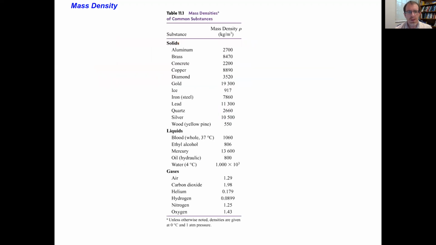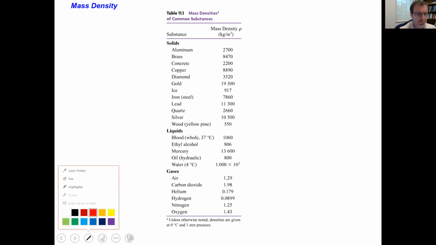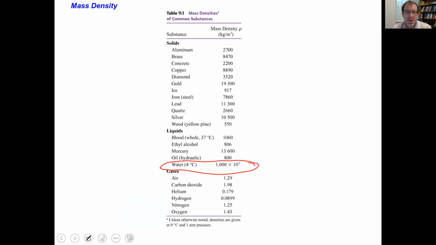Okay. So here's a table of densities. I don't want you to remember all these or anything like that, but I do want to highlight one specifically, and that's water right there. Water is 1,000 kilograms per meter cubed. That's its density. You might right away notice something a little different there, because you might have dealt with the density of water in chemistry class, and you might remember that the density of water is 1.